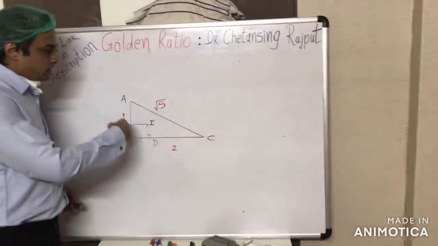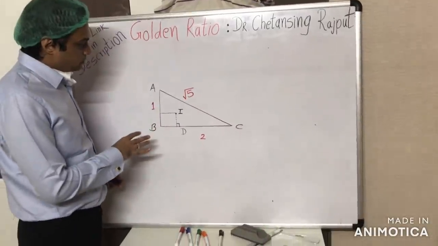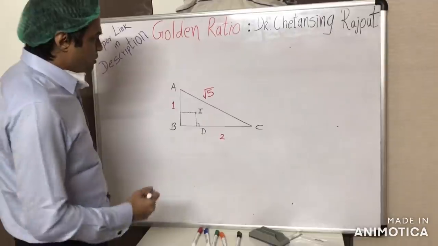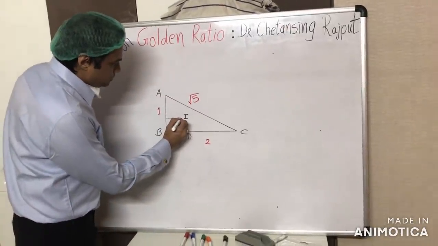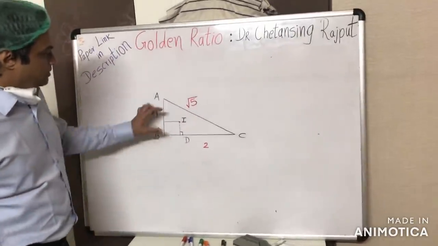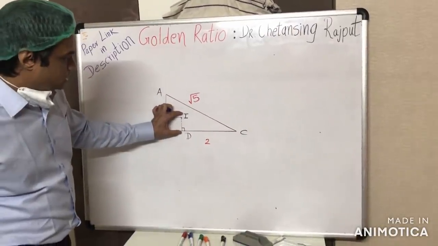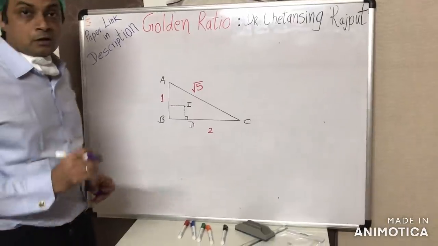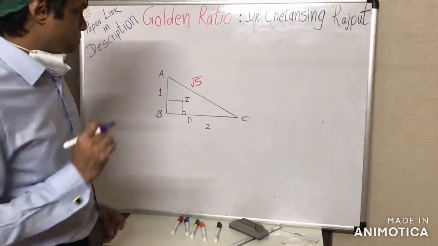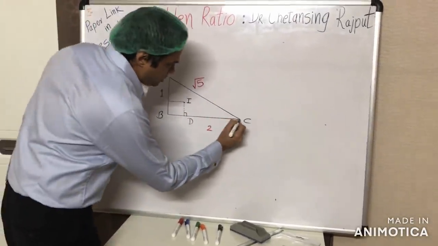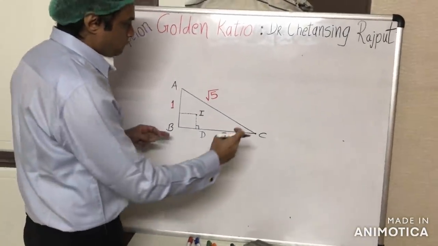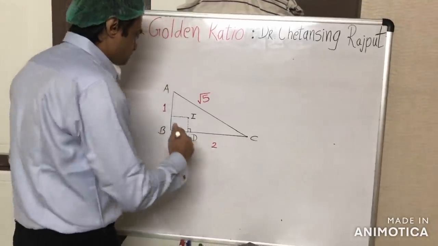Consider the reference triangle ABC. It's a right triangle with its catheti in proportion 1 to 2. The incenter of the triangle is at point I, and this inradius ID is perpendicular to the cathetus BC. Now let's draw a circle with center at vertex C and radius equal to cathetus BC.